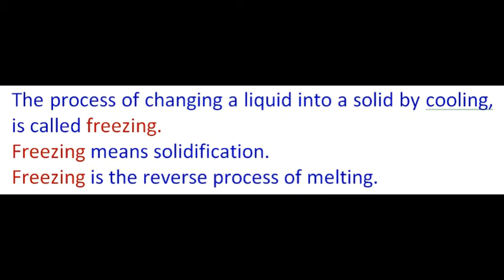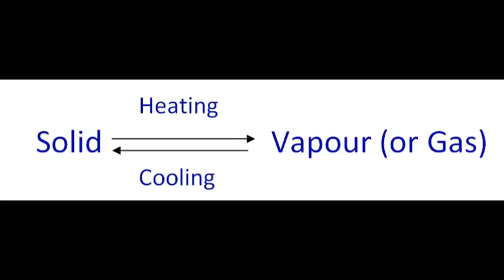And now we talk about a certain phenomenon. Some of the substances are there that on heating skip the liquid state. They become vapor directly. And in the reverse process, when cooled down, the vapor becomes solid.